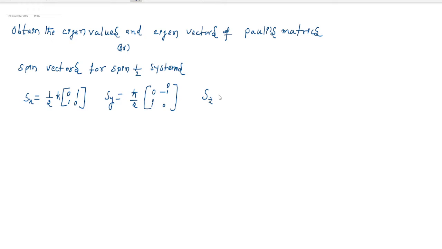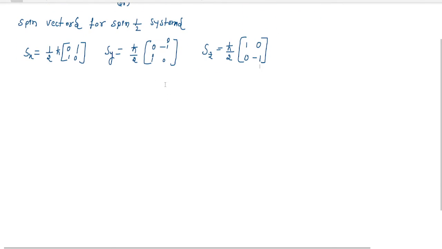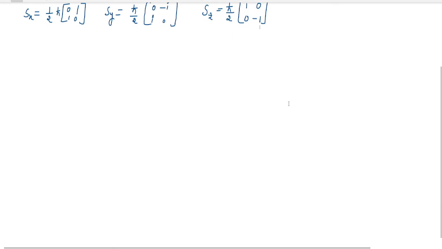Sz equals h cross divided by 2, 1 0, 0 minus 1. So these are the Pauli matrices Sx, Sy, and Sz. Here we want to find eigenvalues and eigenvectors of these Pauli matrices.